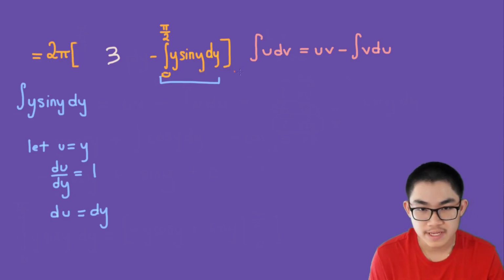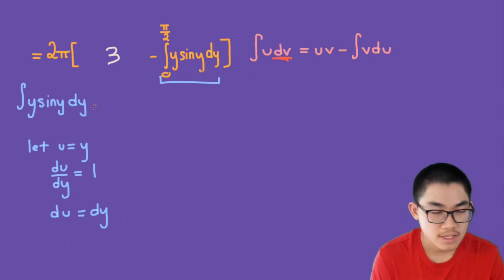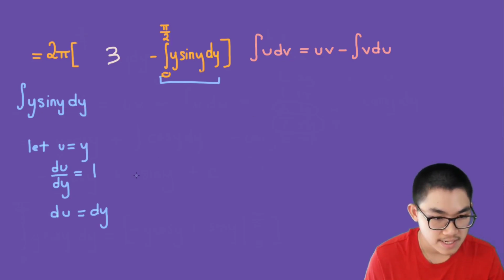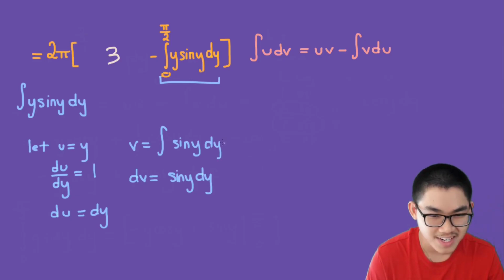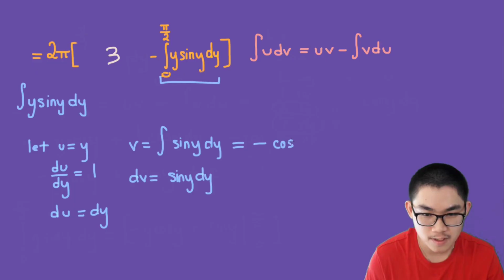Now the d of v, the dv part, is the rest that you have. This means that d of v is sine of y dy. So v is the integral of sine of y dy. And we talked about this before. This is just going to be the same as negative cos of y plus c.